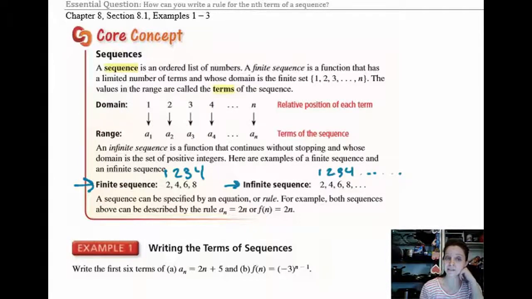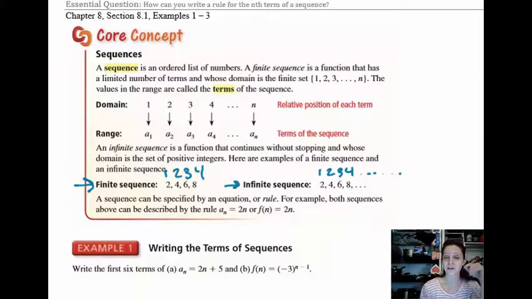A sequence can be specified by an equation or a rule. For example, both sequences above can be described by the rule a sub n equals 2n, or f of n equals 2n.